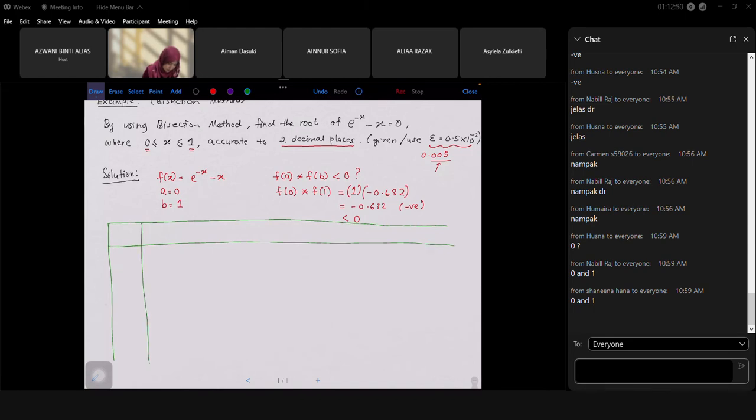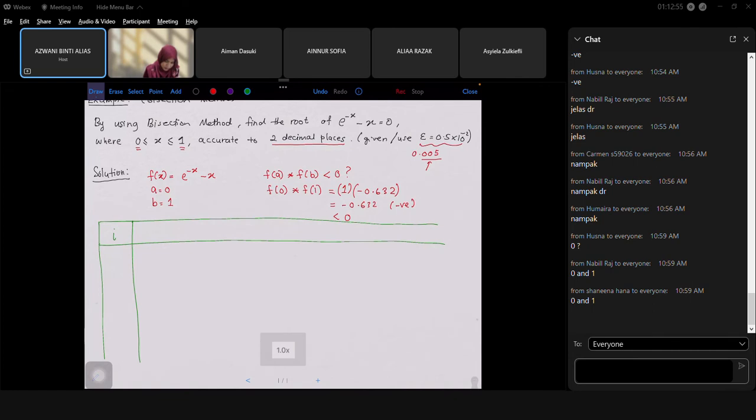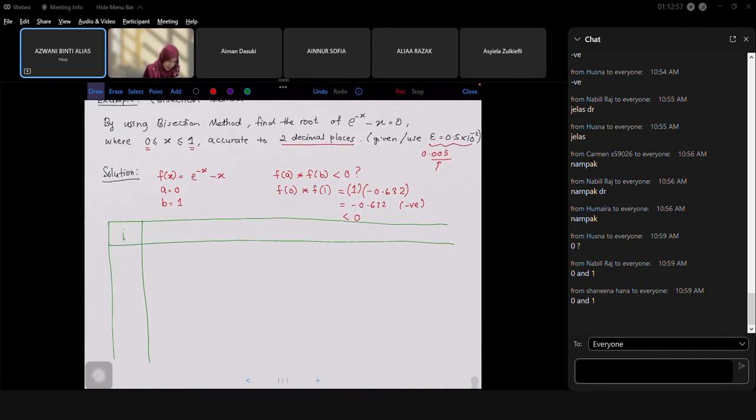Okay, the first one is I. I is for the iteration. So we have A1, kan? And then what else? We have B1, BI, sorry. What else? Kita ada XI. XI is the midpoint. You boleh buat kan?